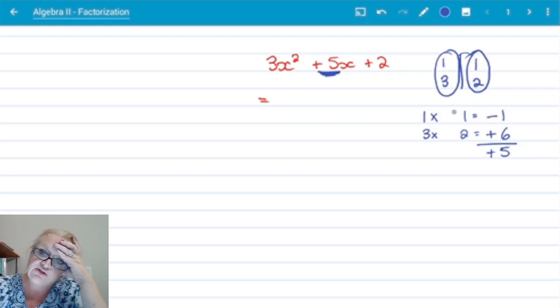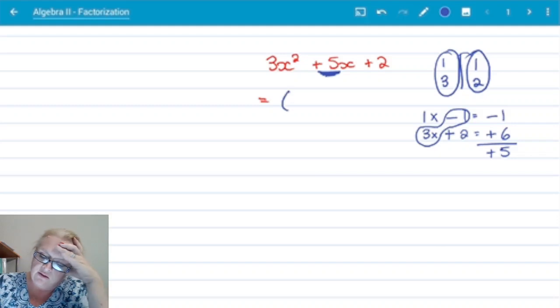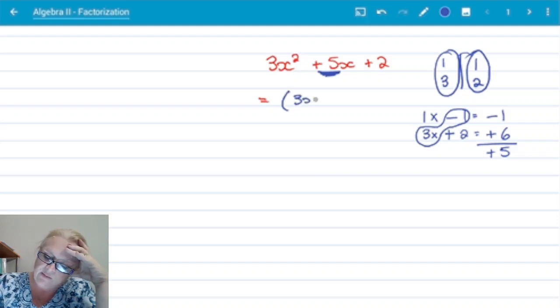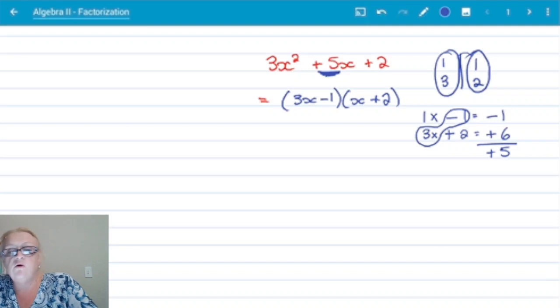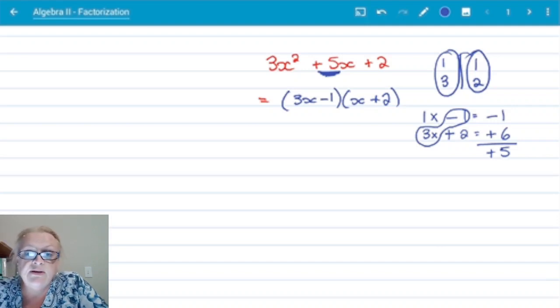Bring those signs to the front so we get a negative and a positive. And then you put the sausage in. 3x minus 1, x minus 2, plus 2. Uh-oh. Do you see what happened? We have a problem.